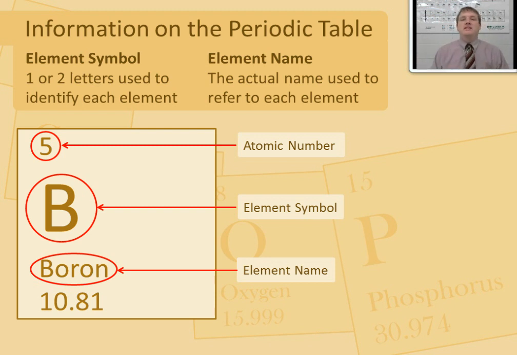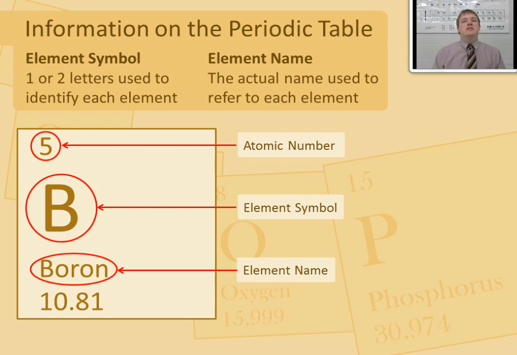One important thing to know is that all elements either have a 1-letter or 2-letter symbol given on the periodic table. If the element symbol is just 1 letter, that letter is capitalized, like the big capital B in boron. If the element symbol is 2 letters, the first letter is capitalized and the second letter is lowercase.